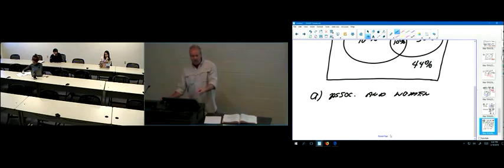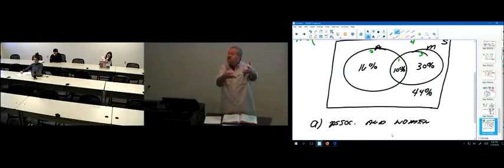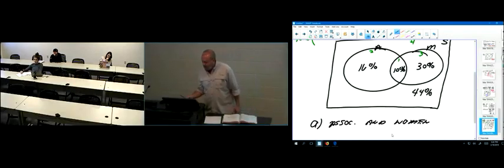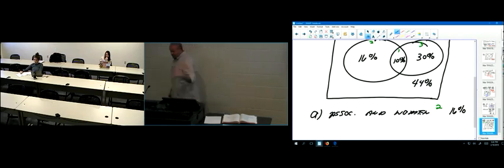All my information was about associates and men. Which ones are the associates earned by women? Where am I looking? It can't be the 10 or the 30. It's got to be the 16%, right? In other words, in terms of my little region, this is region 2. It's 16%. Remember, it's got to be in associates, and it's got to be earned by women. So that 16% is the percentage of associate's degrees that are earned by women, associates and women.